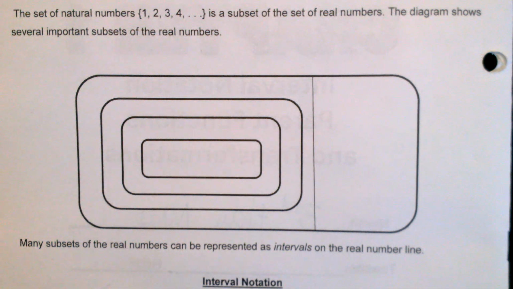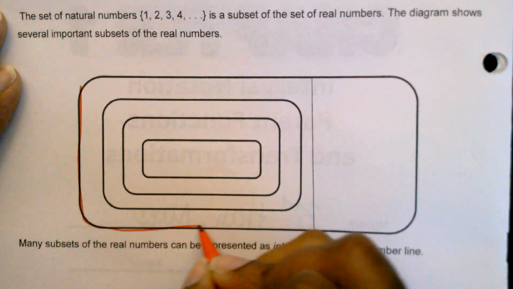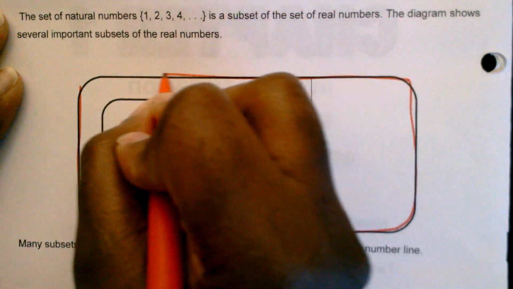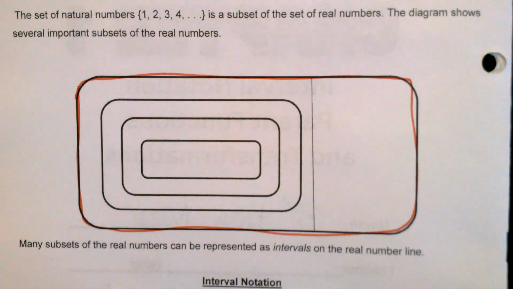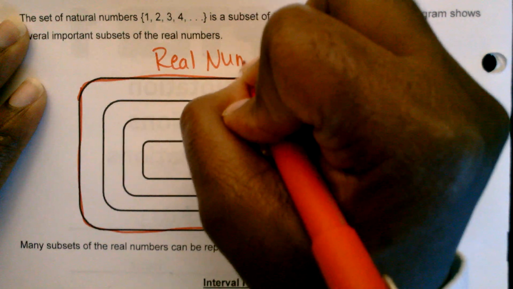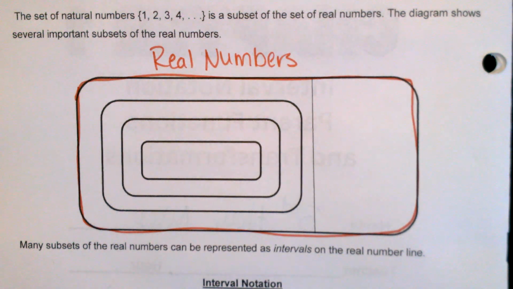This entire box, I'm going to outline it. It's not the best. That entire box is going to represent real numbers. If you have highlighters, you can get them out.